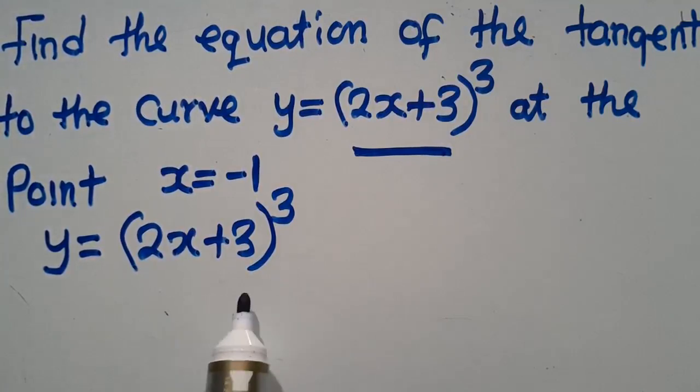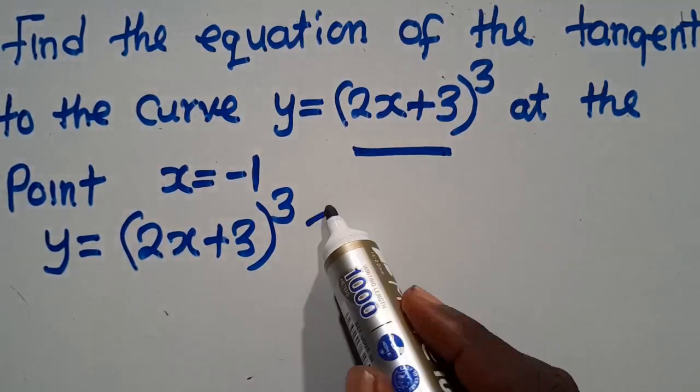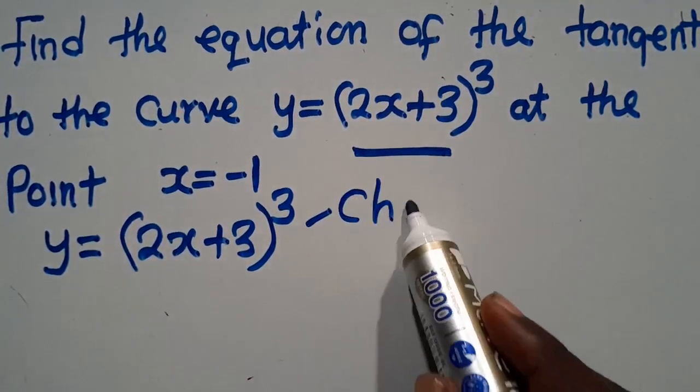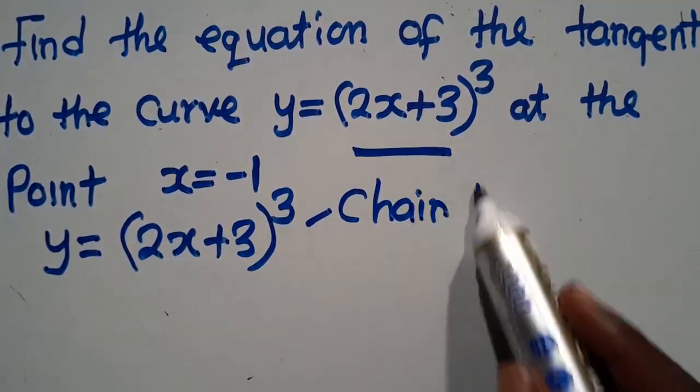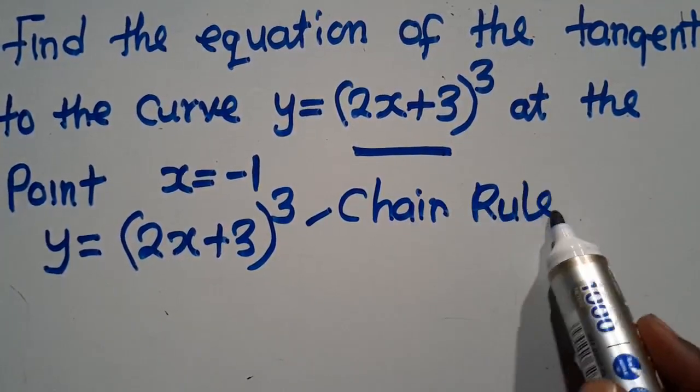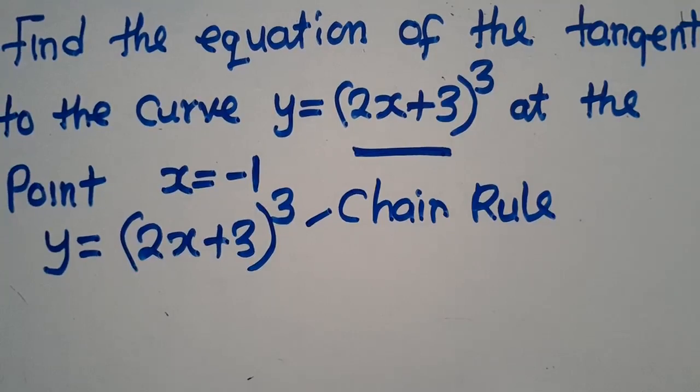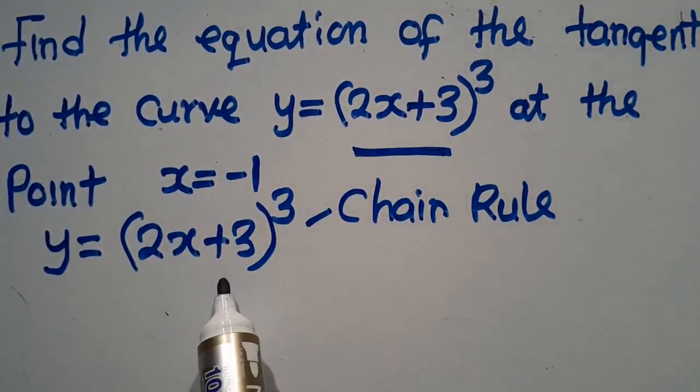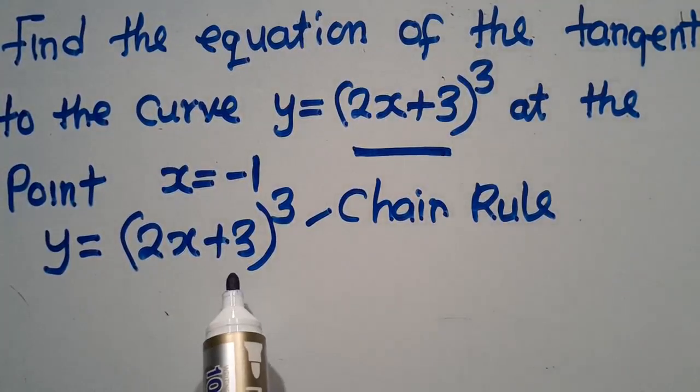This one is differentiated by using what we call the chain rule. Any expression that will look like this, just know that you are supposed to differentiate by using the chain rule.